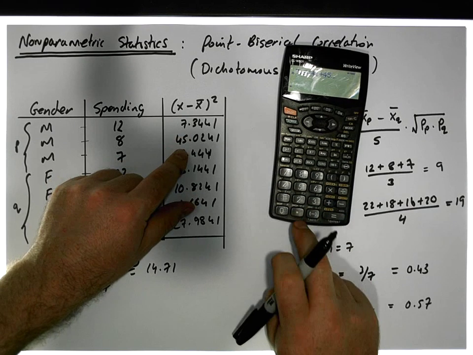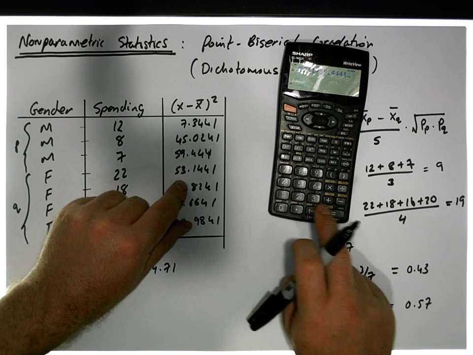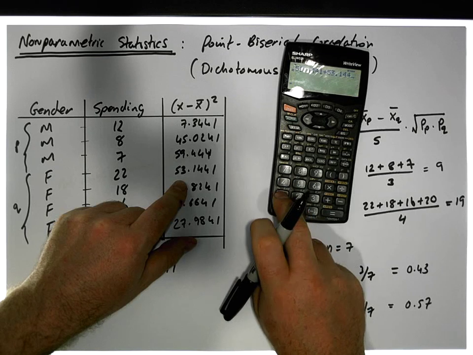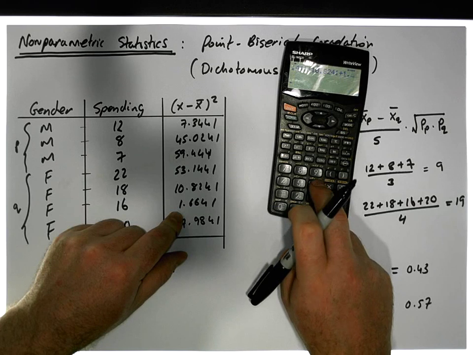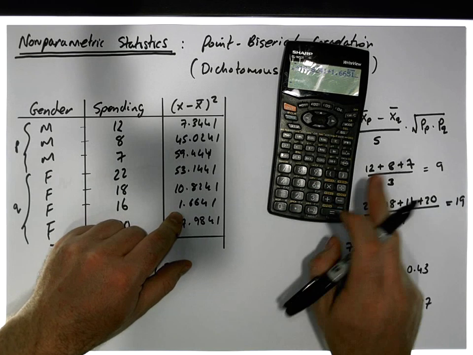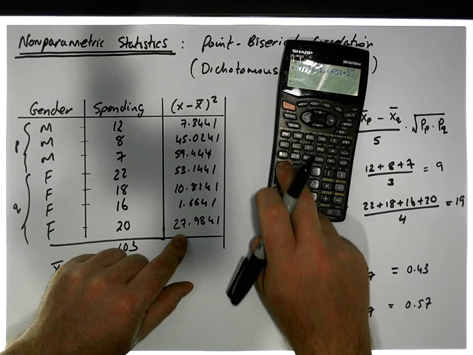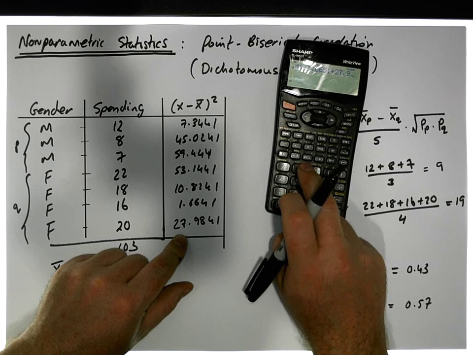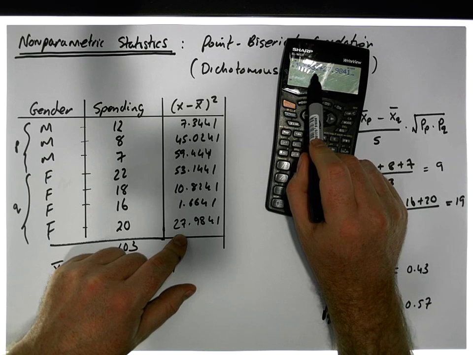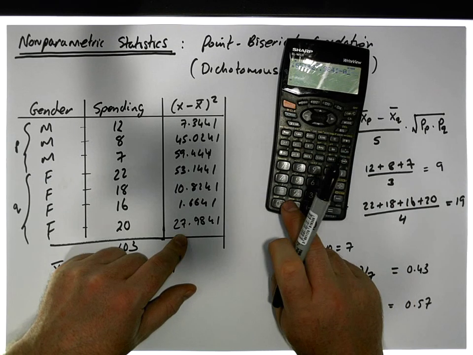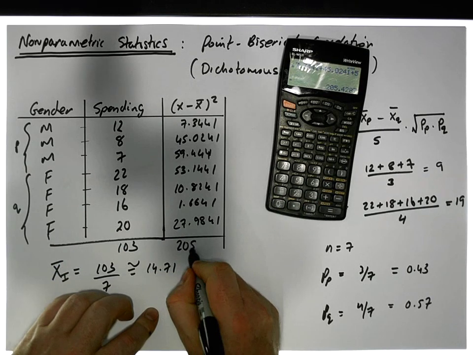7.3441 plus 45.0241 plus 59.4441 plus 53.1441 plus 10.8241 plus 1.6641 plus 27.9841. I increased that by 0.001, so if I take that away, it gives us 205.4287.